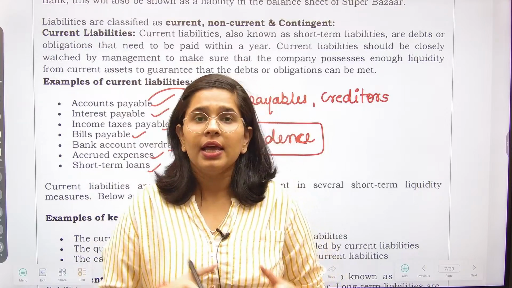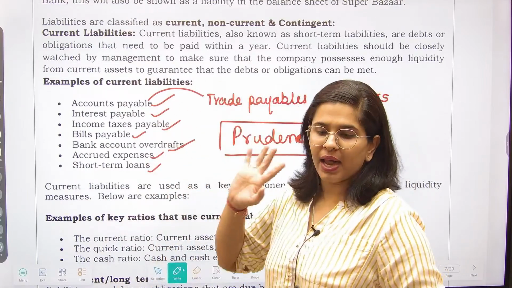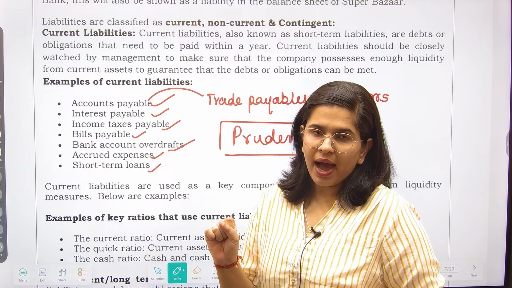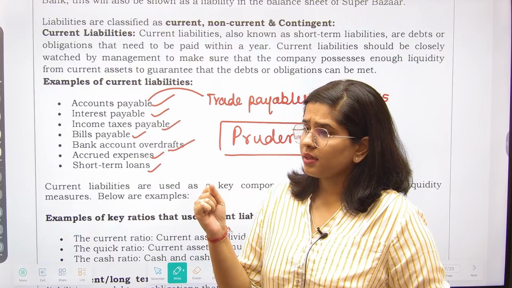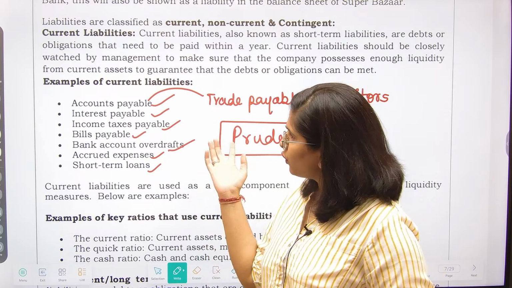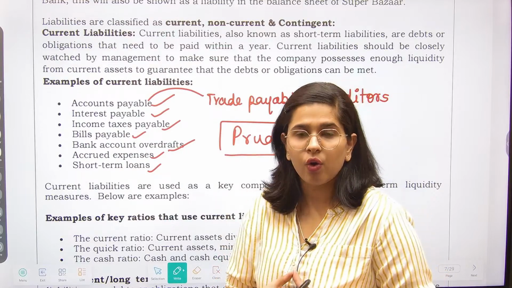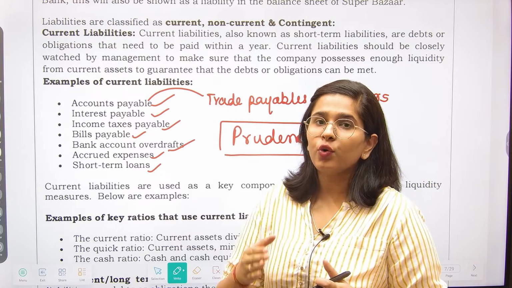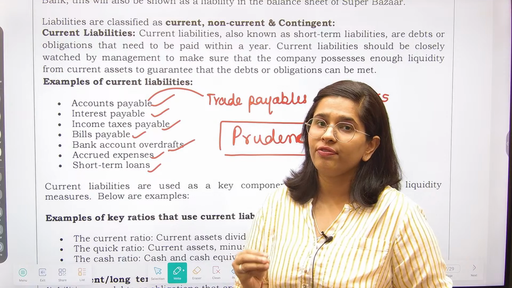For example, you can foresee that after 2 months you have to pay the supplier, although you didn't have to pay them right now, still what you have to do is record that particular liability in your books of accounts.